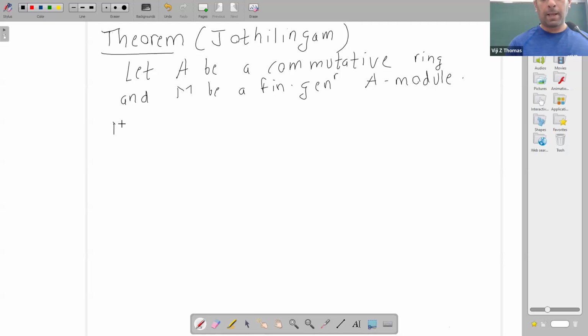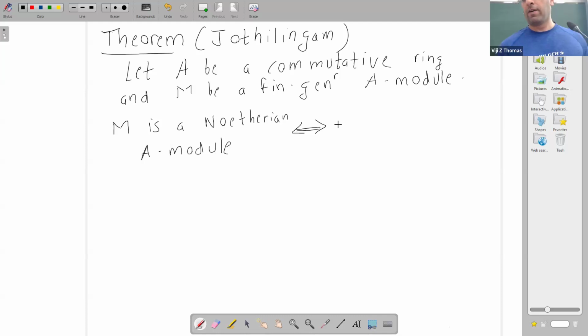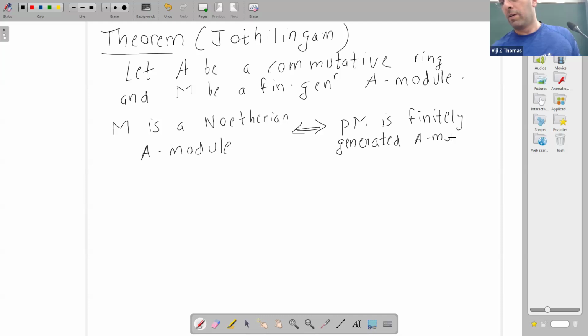Then M is a Noetherian A module if and only if PM is finitely generated as an A module for all primes of the ring.